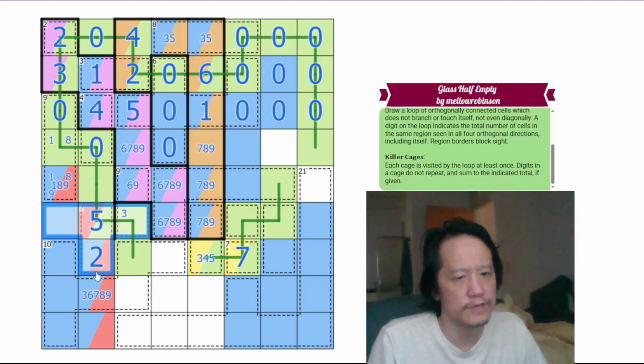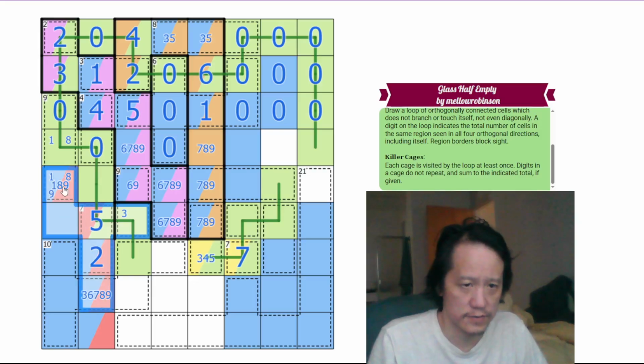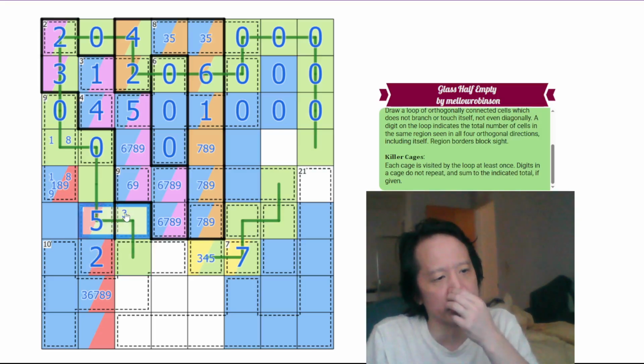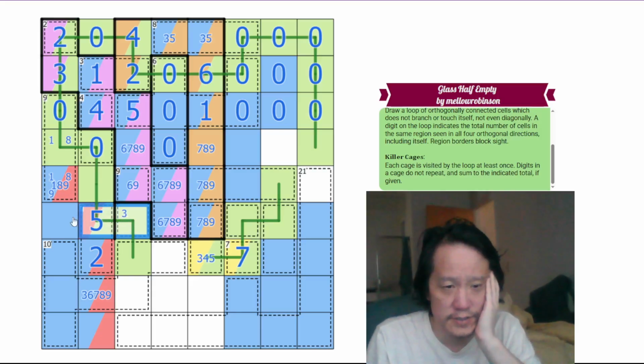1, 2, 3, 4, 5, 6. 7, 8. Yeah, if it goes this way, that's 3 guaranteed. It can't be 6, right?